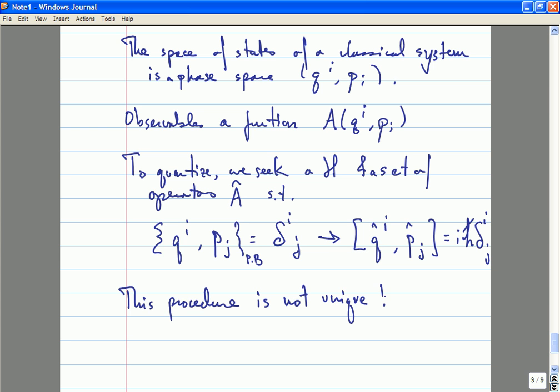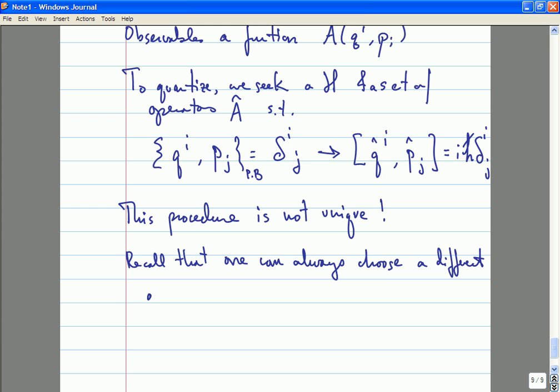So I just want to remind you that in classical physics, one can always choose a different set of variables, let's call them big Qi and big Pj, to describe phase space.